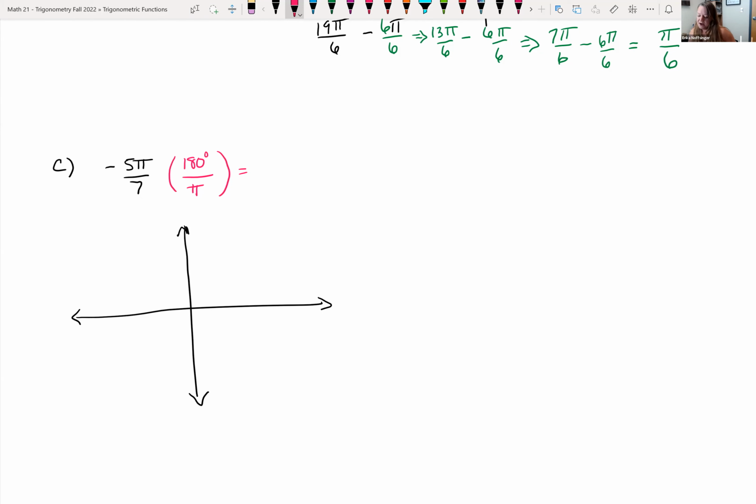7 goes into 180. I don't think it goes in easily. I don't have my calculator in front of me, so let's just do it. That goes twice, that's 14, this is 40. So this goes in 5 times. So that's 35, this is 5.